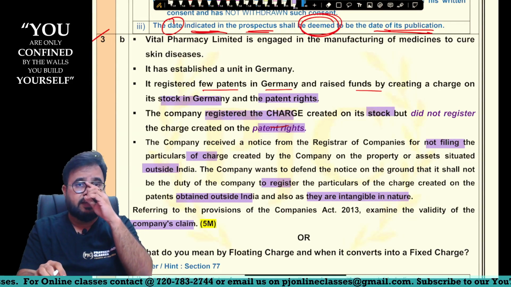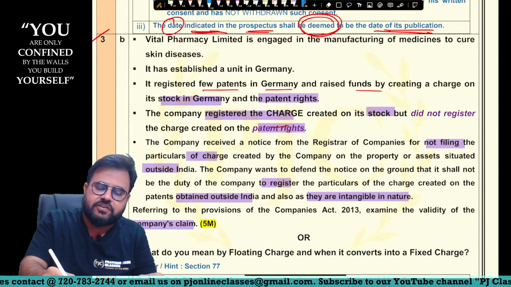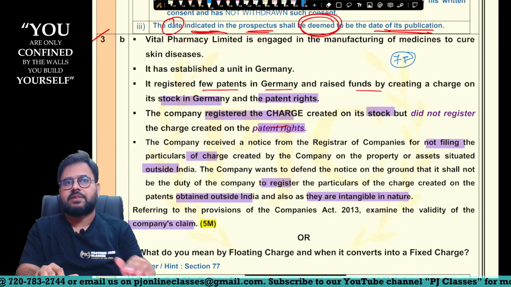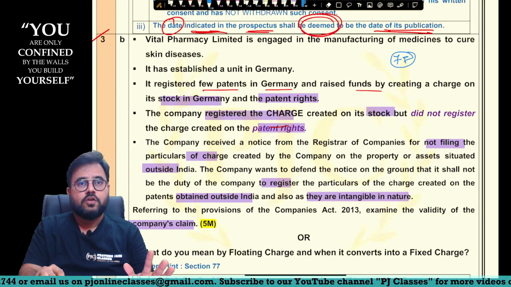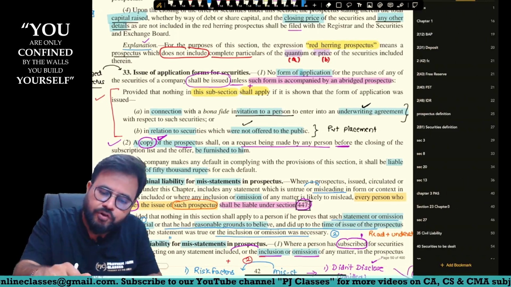So if at all you see, there is a concept of registration of charge. For registration of charge, in total we will be reading section number 77. Section 77 subsection 1, if at all you open it, sir, you will be finding beautiful lines.